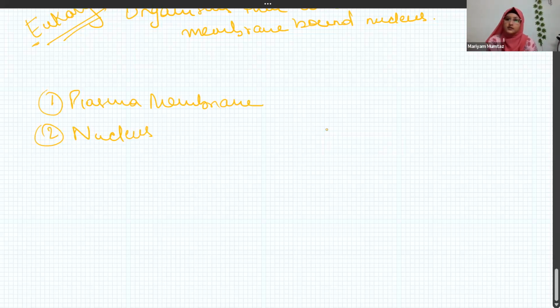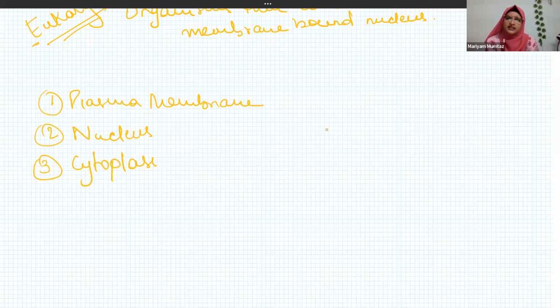The organisms that have the nuclear membrane are known as eukaryotes, and those that don't have the membrane are known as prokaryotes. Now, the third one was cytoplasm. It is basically a fluid-like structure that the cell is filled up with. And it holds the organelles. Very good.